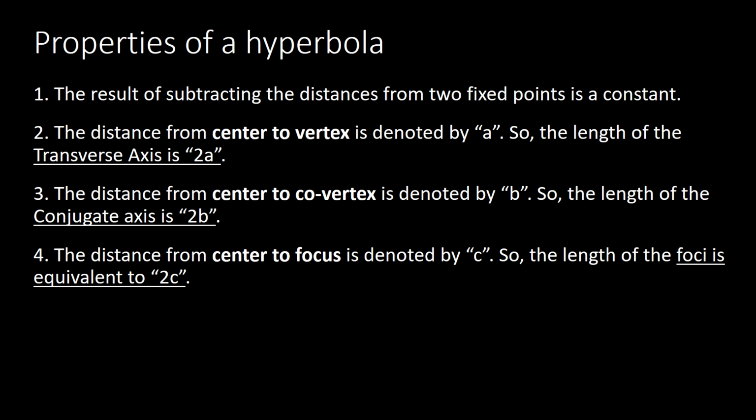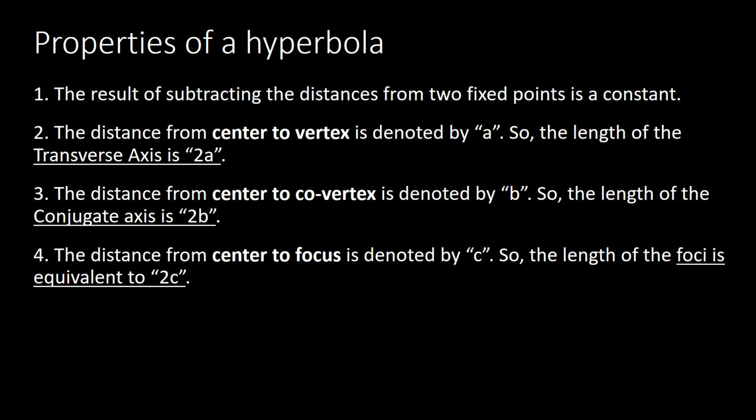Next, the distance from the center to the vertex is denoted by a, so the length of the transverse axis is 2a. Here it's different from the ellipse, wherein a is the bigger value. Here, a could be either bigger or not.